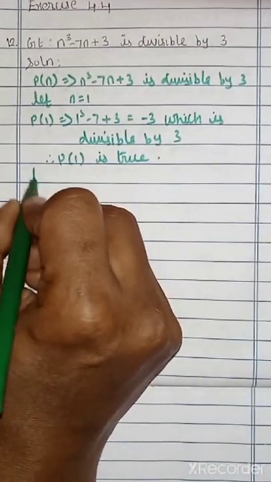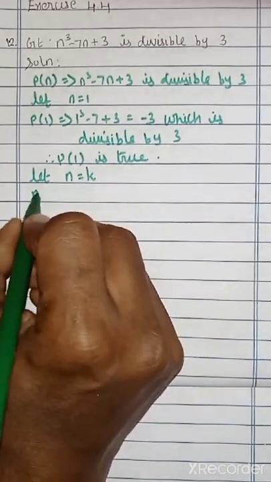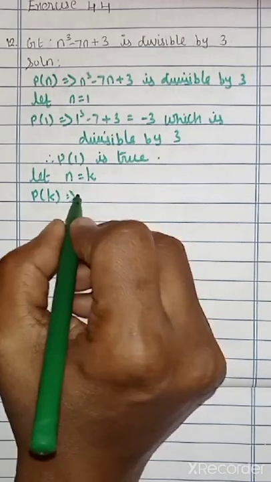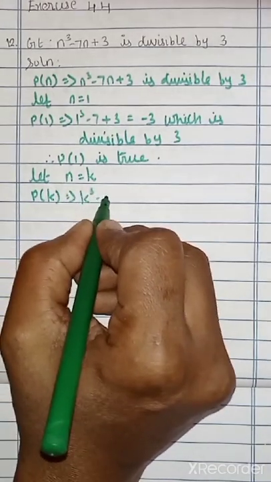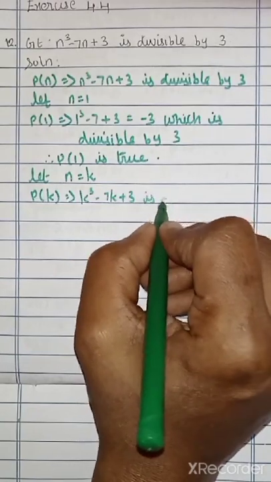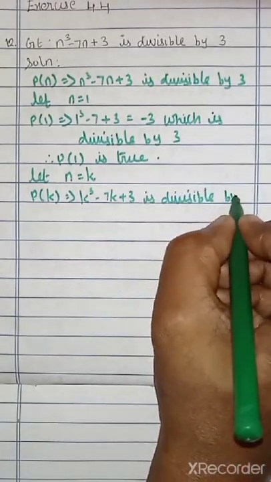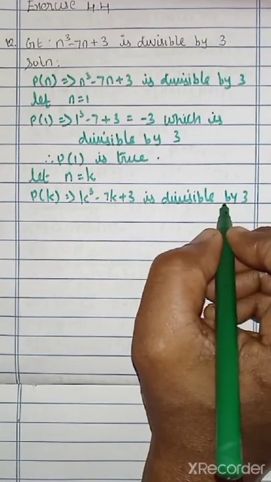Let n equal to k. So P of k implies k cube minus 7k plus 3 is divisible by 3. Correct?